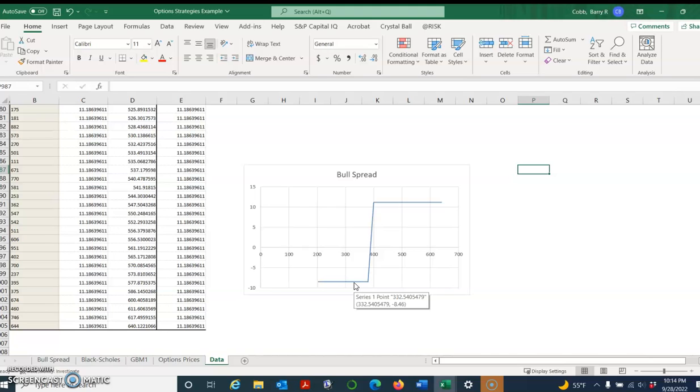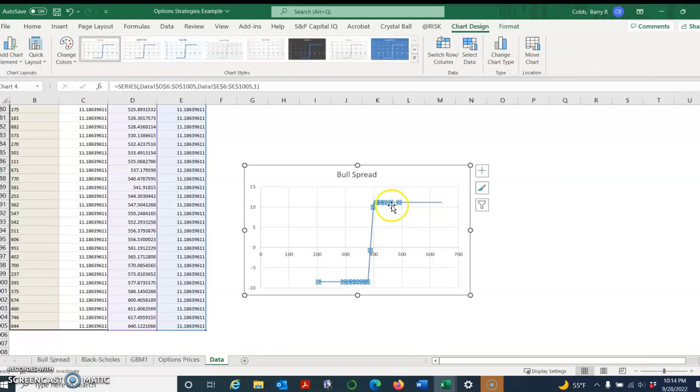We can't lose any more in this case than 846. If the stock price rises above the strike price of the second option, the one we sold, then we lock in this payoff. And that payoff is a little bit over $11, about $11.19, we can see over here in the data.